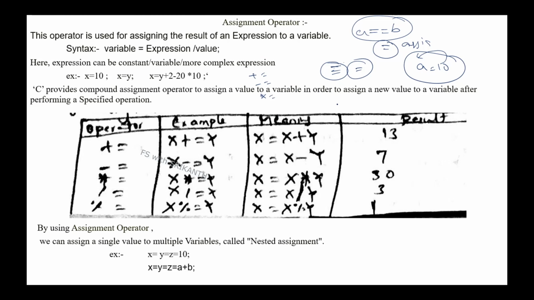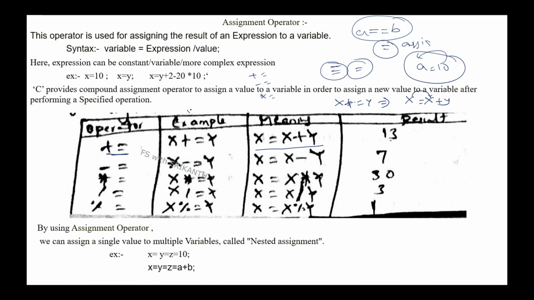Just observe, x plus equal y in the sense x equal x plus y. We write it this way. X plus equal y, the expansion is this one, x equal x plus y. Then we get 13. Why?